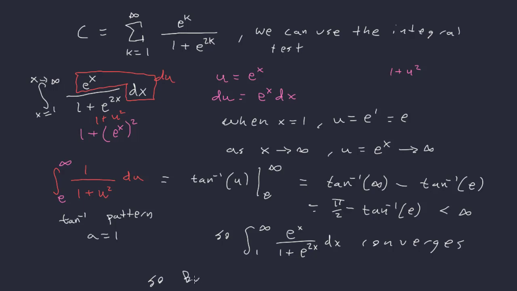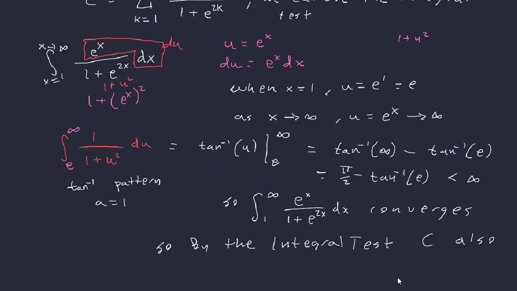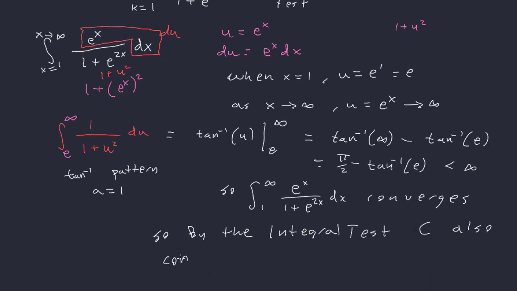So by the integral test, our series also converges. Okay, so there we go. We were able to use the integral test here to show that this converged. All right, let's look at another example.